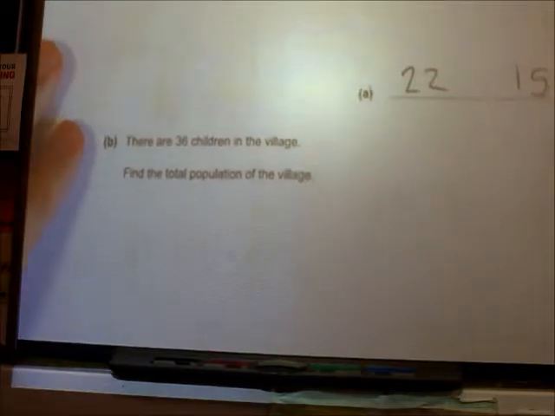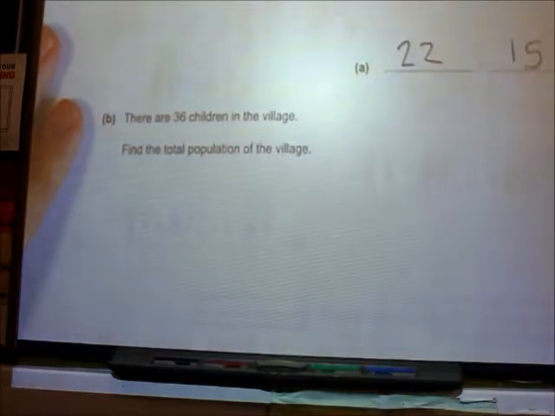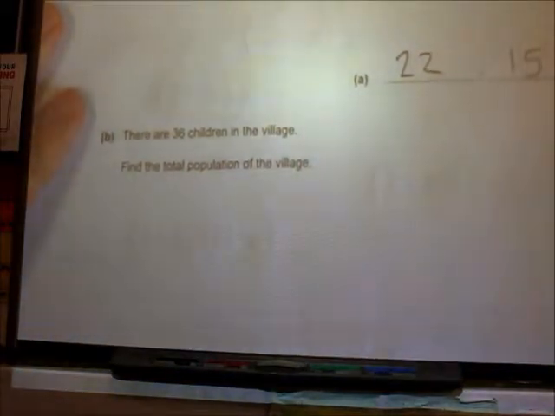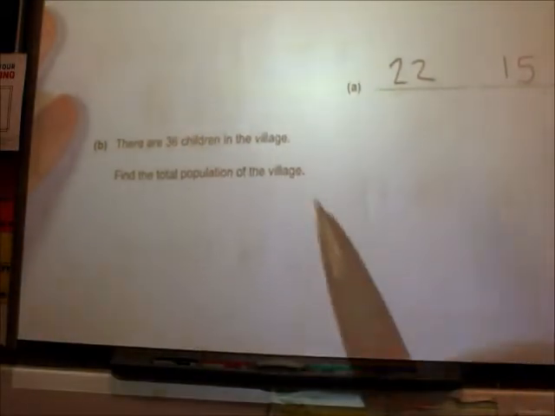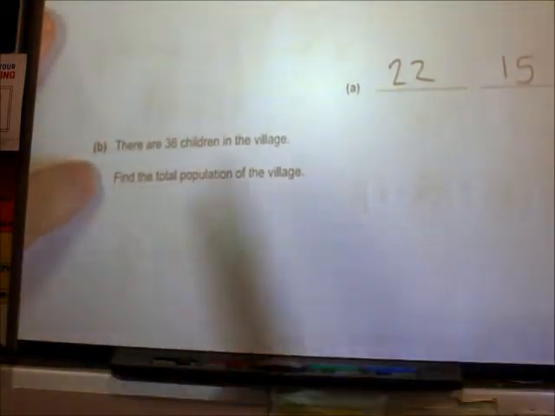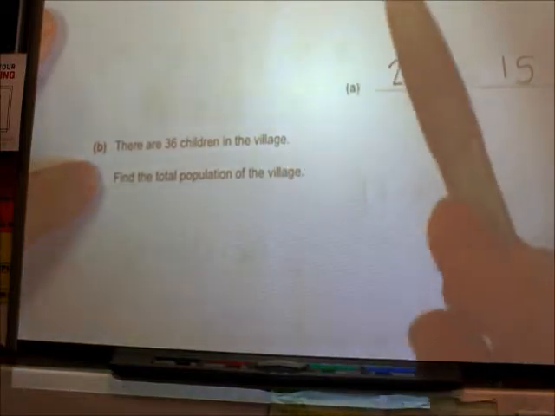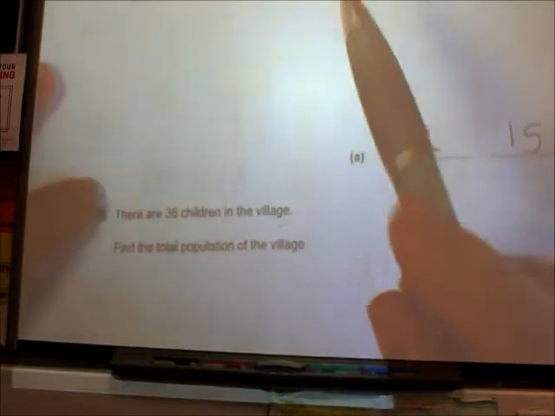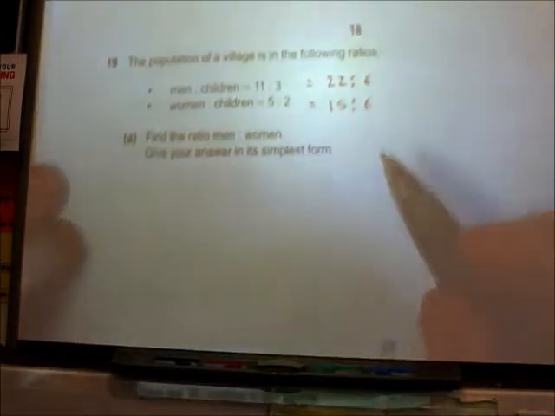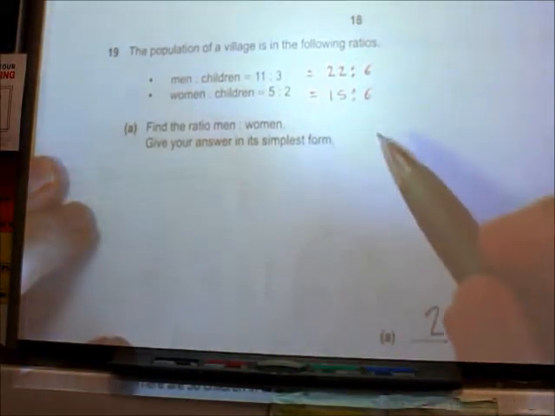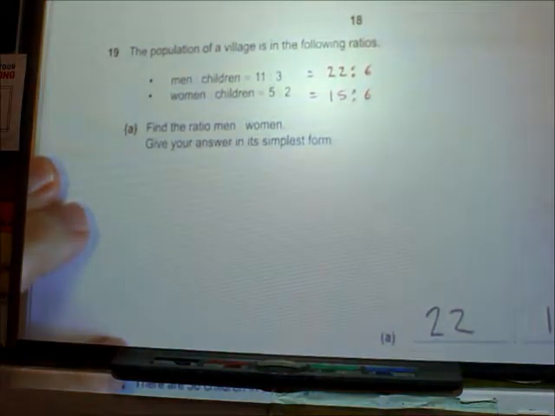The next one, there are 36 children in the village. Find the total population of the village. Okay, there's a little bit of maths we need to do in this one, but it's a maths exam, so there we go. Right, first of all, the ratios, go back to the top, were 22 to 6, men to children, and the women were 15 to 6.